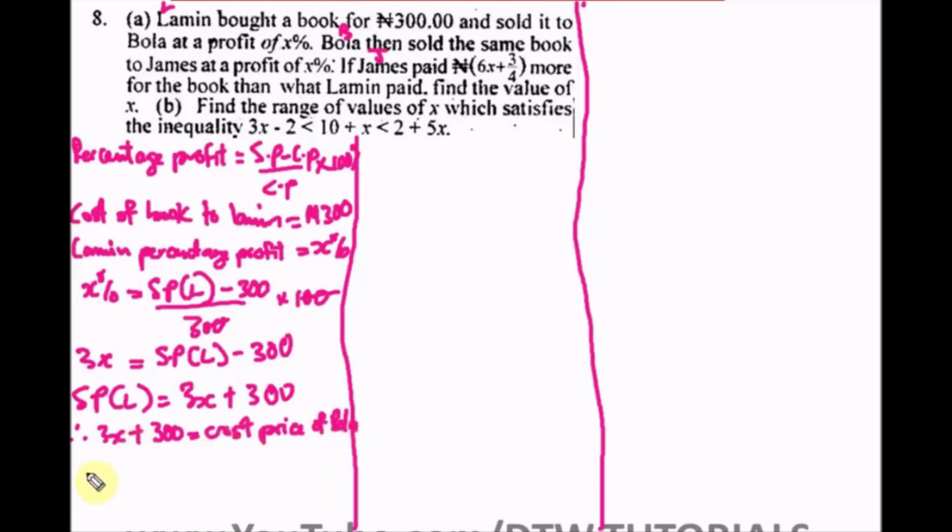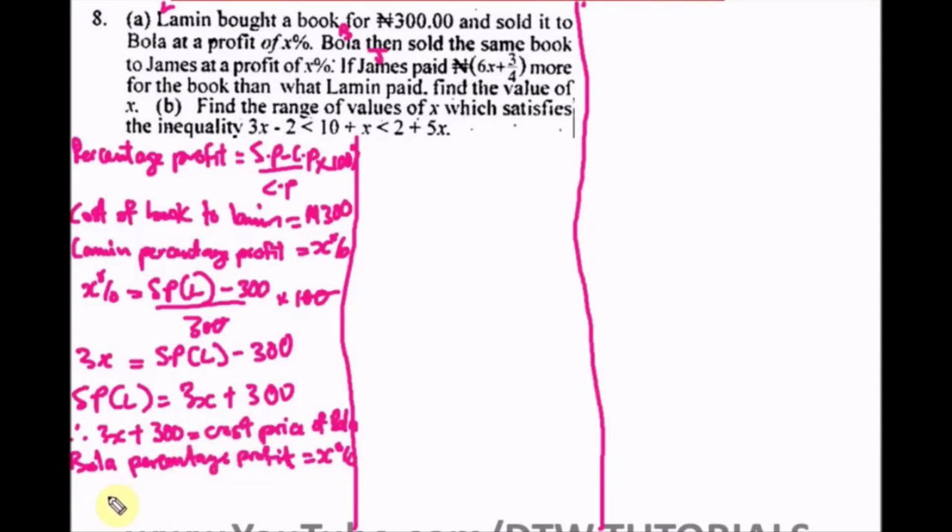Okay, so we have to look for, and we've been told that Bola sold the same book to James at a profit of x percent also. So Bola's percentage profit is x percent.